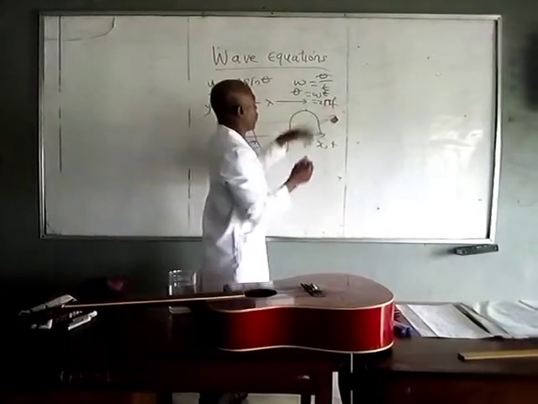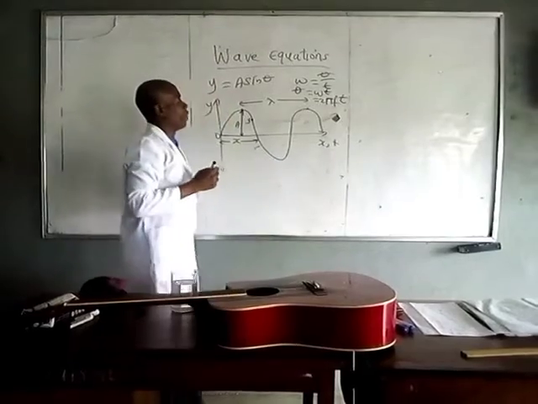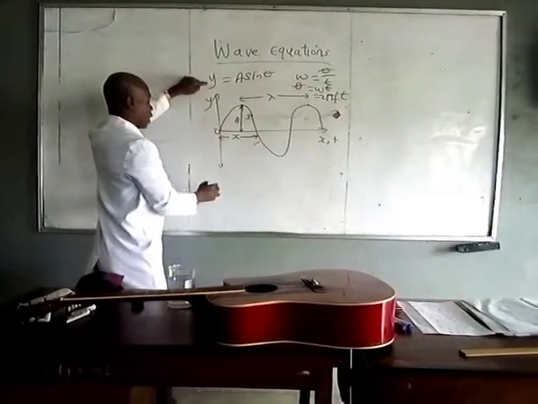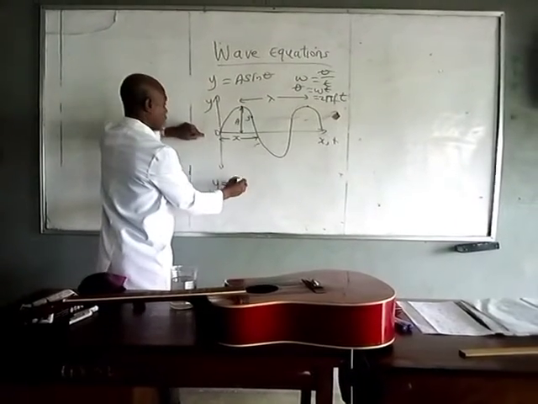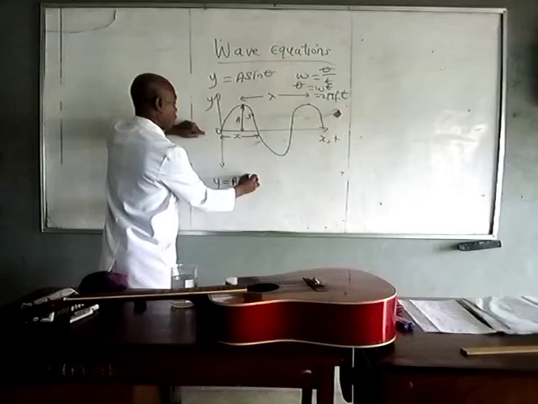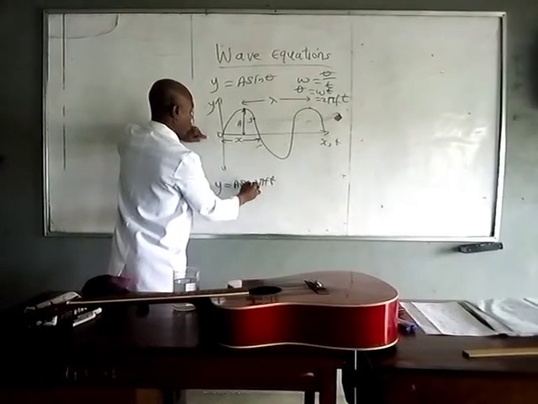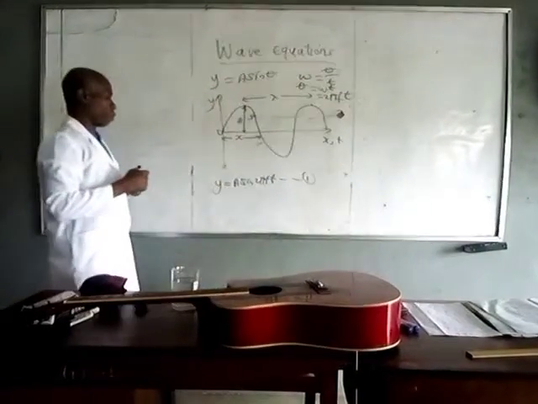And so you now add this t, it becomes phase angle 2 pi ft. Therefore, this equation can be represented as y is equal to a sine 2 pi ft. Let's call this equation 1.